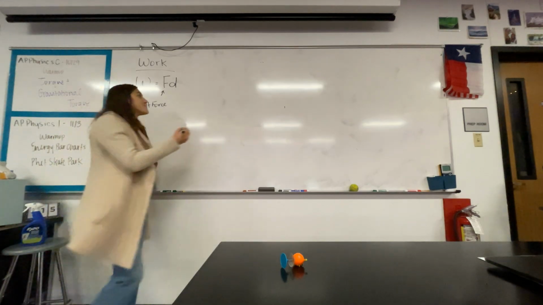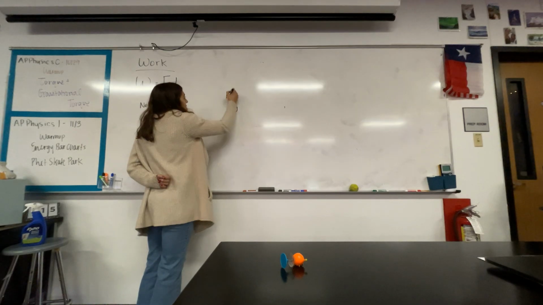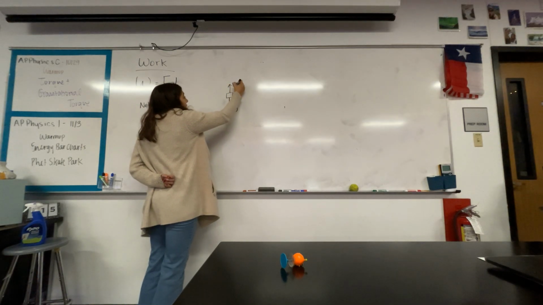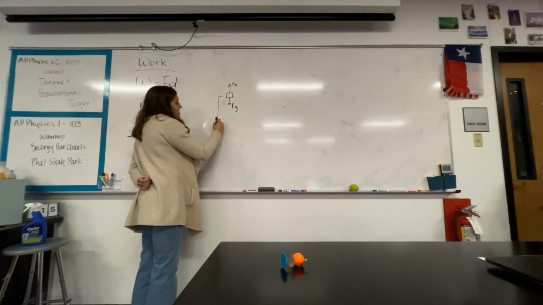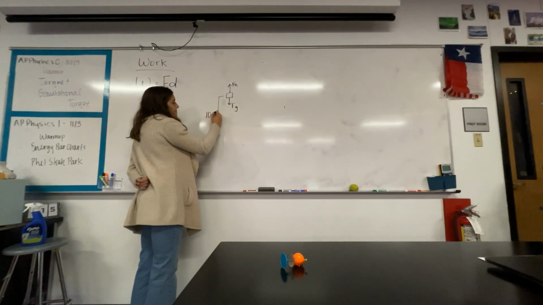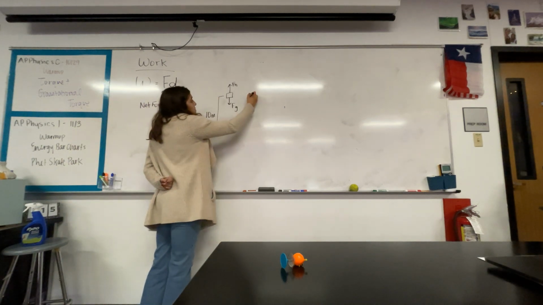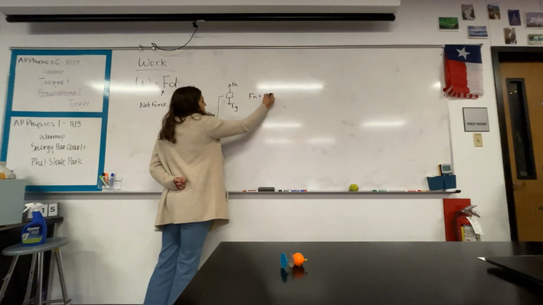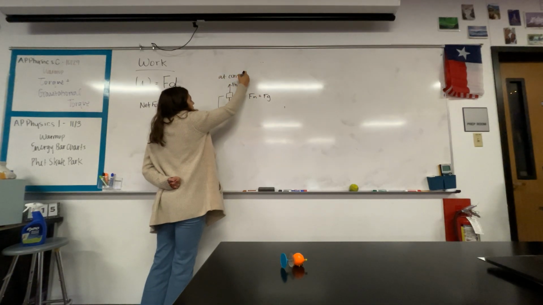For example, if I currently have Fg and Fn in equal amounts, and let's say I travel a distance down of 10 meters, right? The normal force, if Fn and Fg are equal, so it's at constant velocity, let's say.